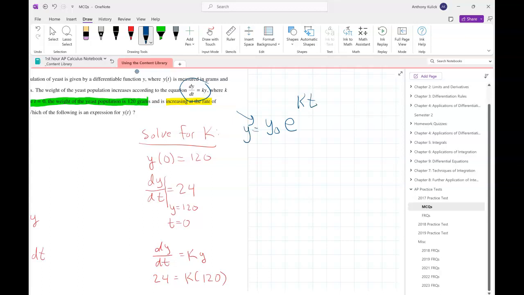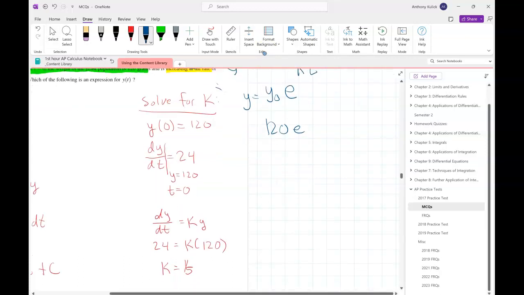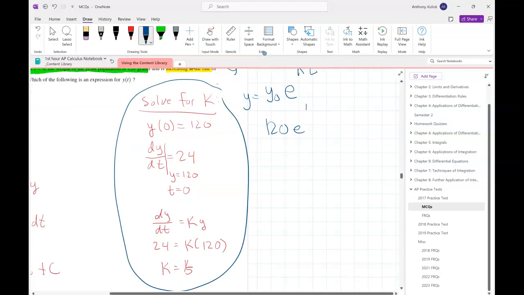So that's probably what they wanted you to recognize. Because if you do that, the initial population is 120. The k, which we were able to find relatively quickly right here, is 1/5. And there's my answer.